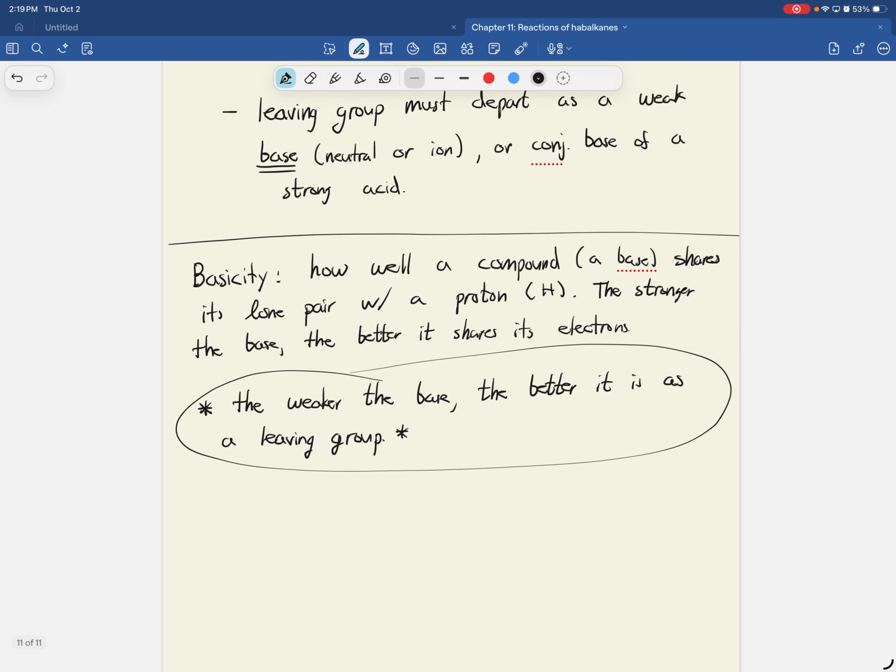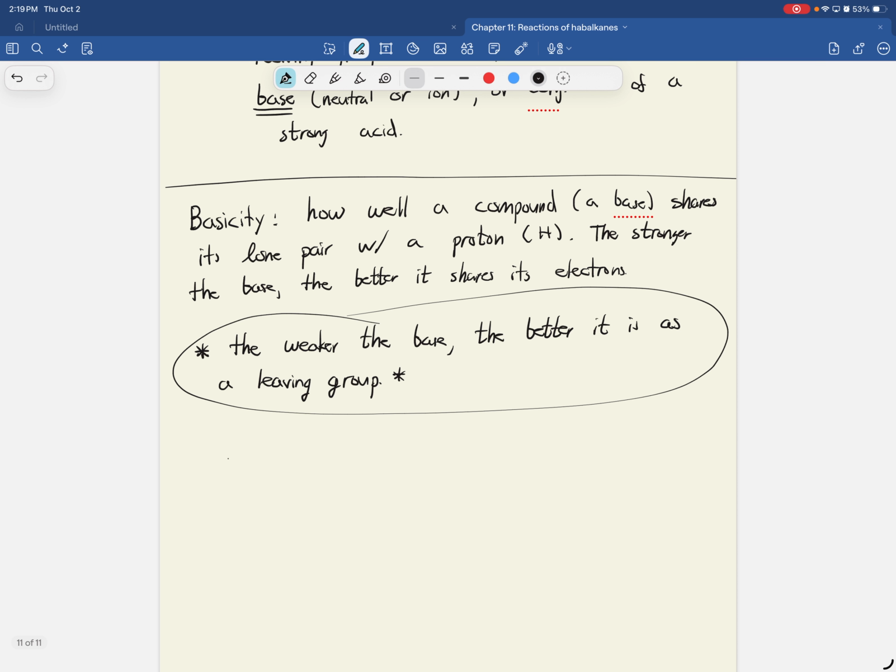All right, and the other thing we should recognize here is that stable bases are, all right, if a base is stable, is that a strong base or a weak base? Let's think about that. If it's a strong base, that means it wants to give away its electrons.